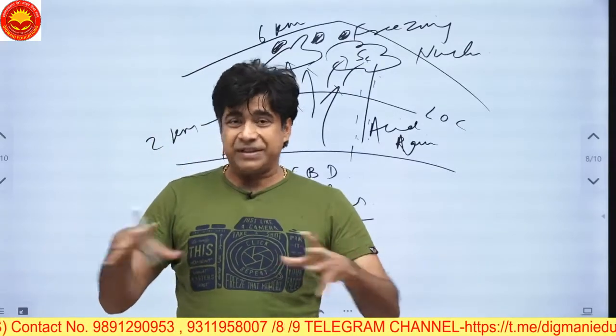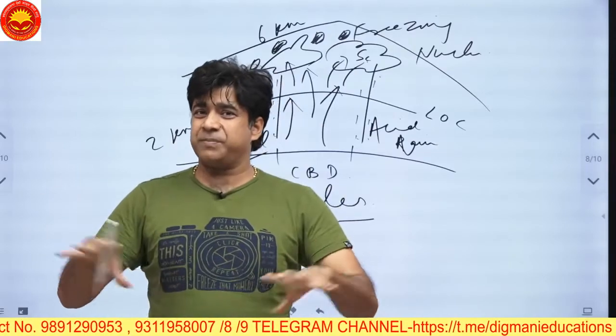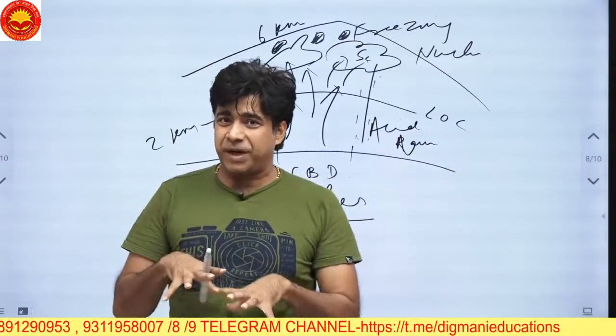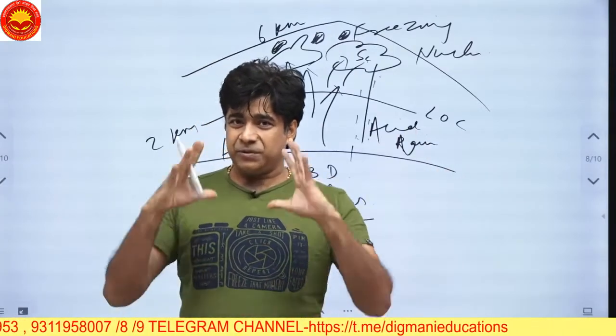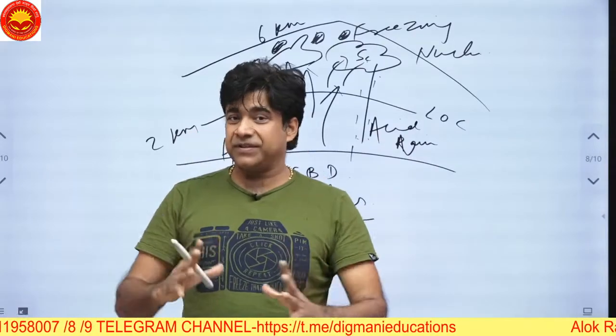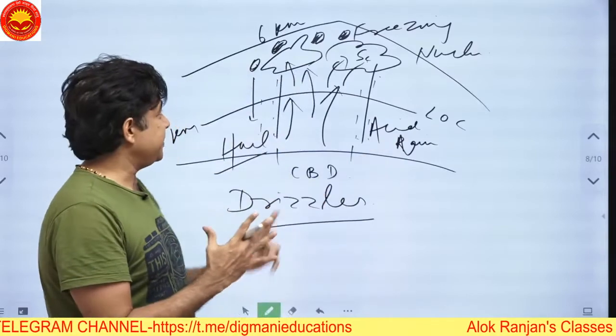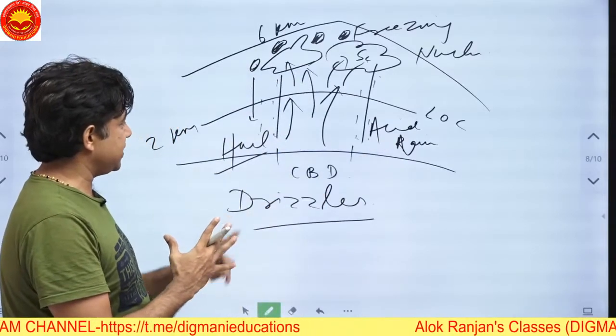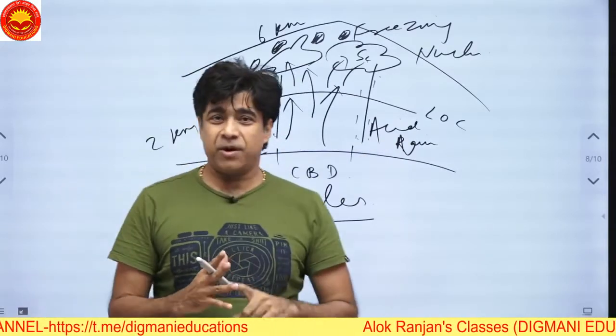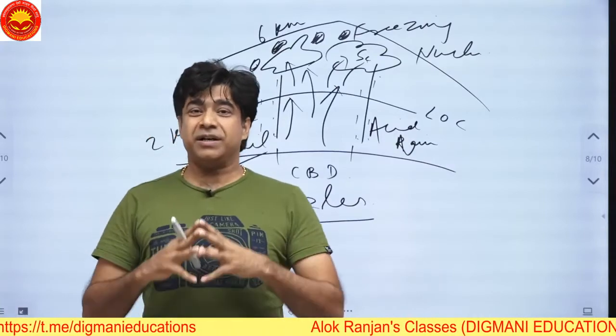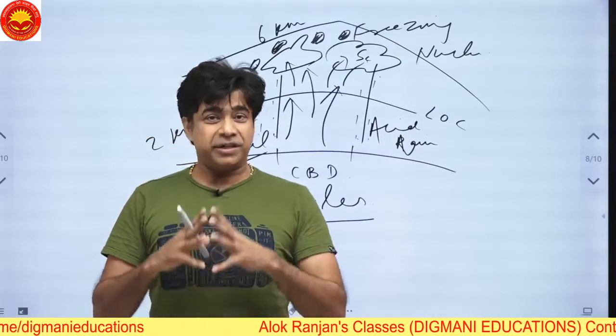So the visibility and the transport of the aerosols and dust particles and everything takes place in that particular CBD area. So the horizontal visibility is less. This is another impact. So first I told you acid rain, second is the drizzles, third is the hail, then fourth is the visibility, which we call urban fog, or you can call it smog.